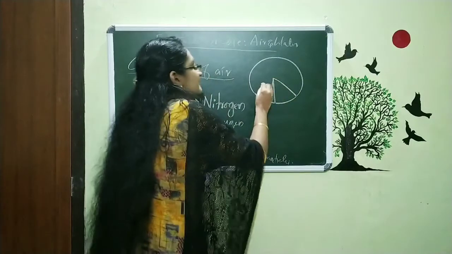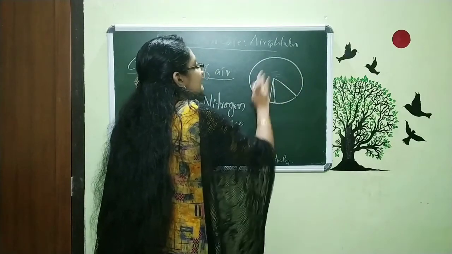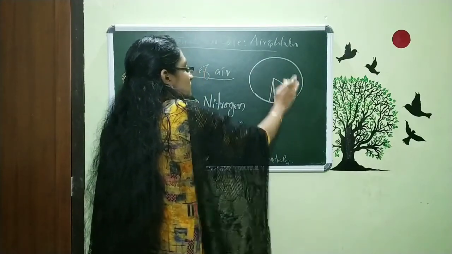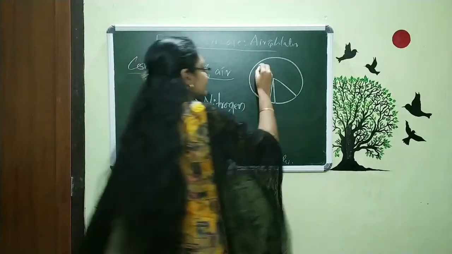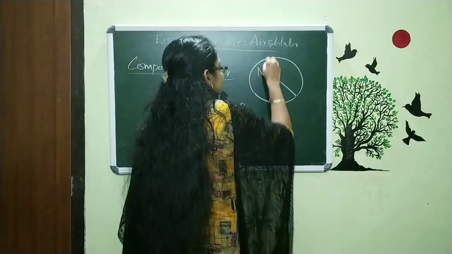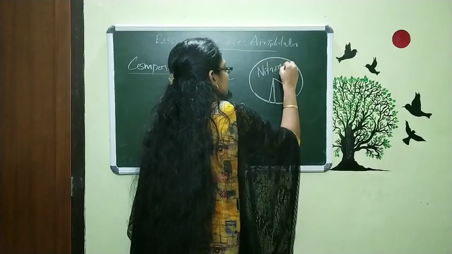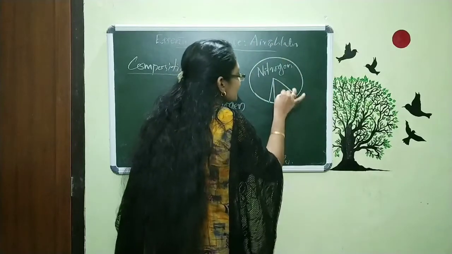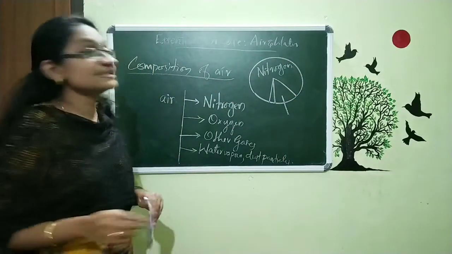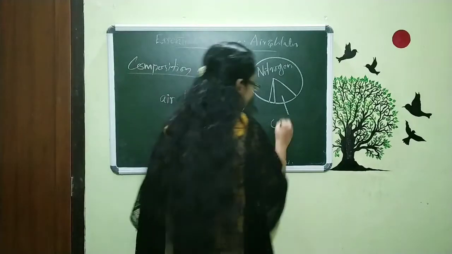So here you can see this large region, what is that? Nitrogen. And here you can see a small region, that is our oxygen.